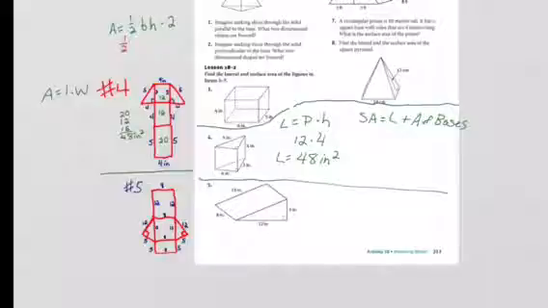I know what 1/2 is, so I'll bring that down. The base of each is 4, so 1/2 times 4. The height is 3. Remember, we always find the height and the base together at a right angle. And then times 2.